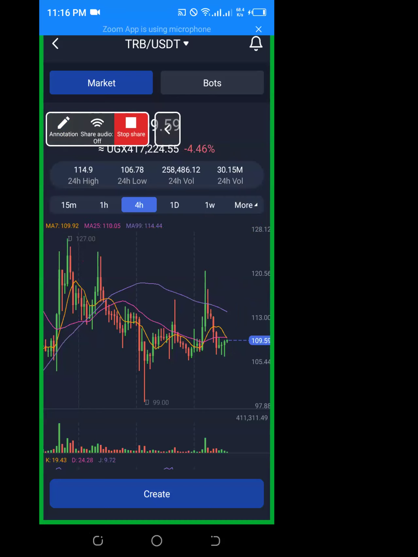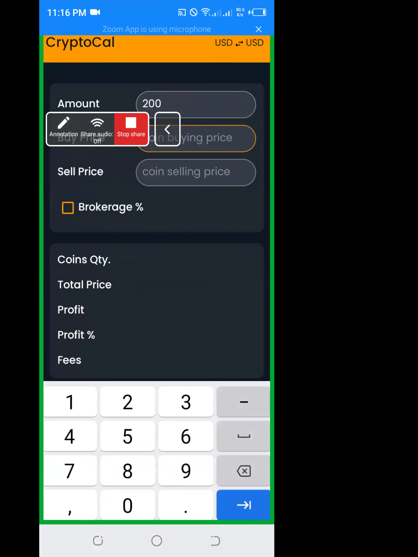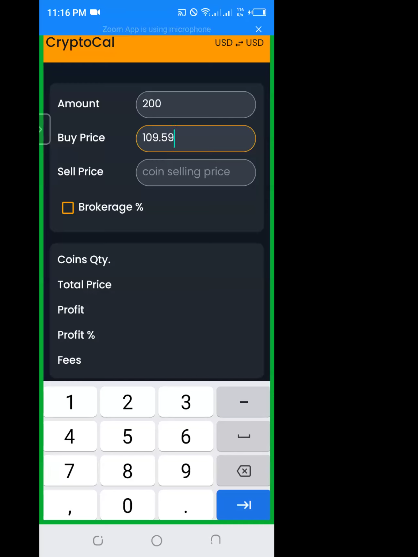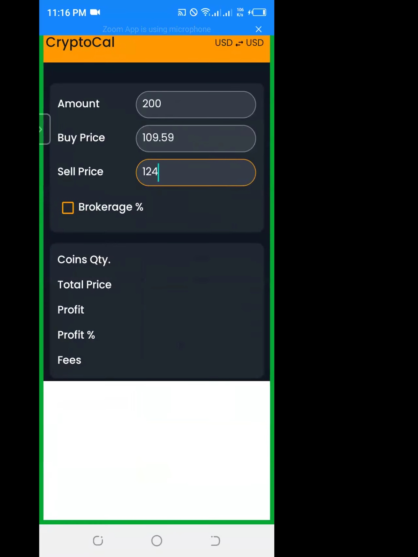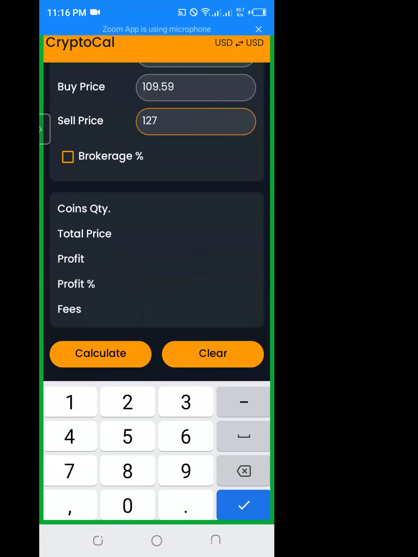I come here, I put my buy price, 0.59. I will sell when this asset goes to 124. Is it 127? Okay, 127. Then you tap on calculate.